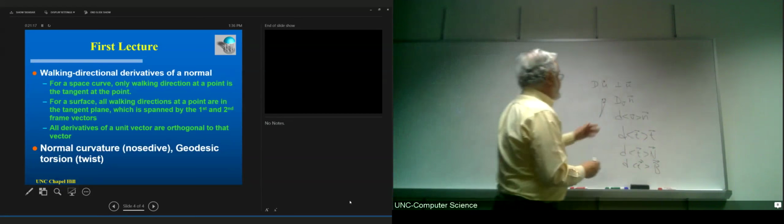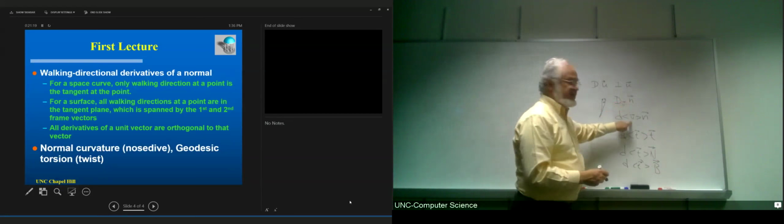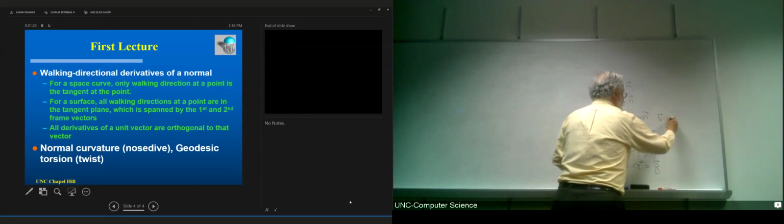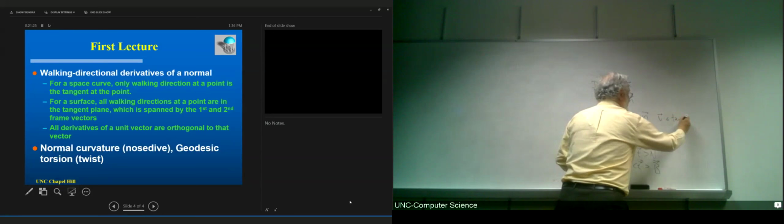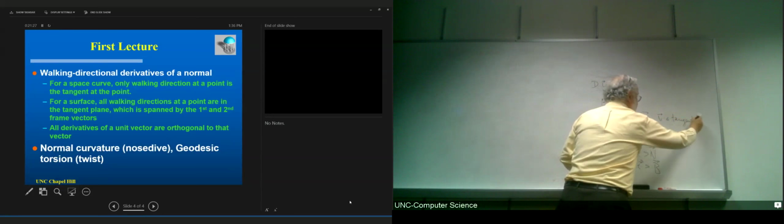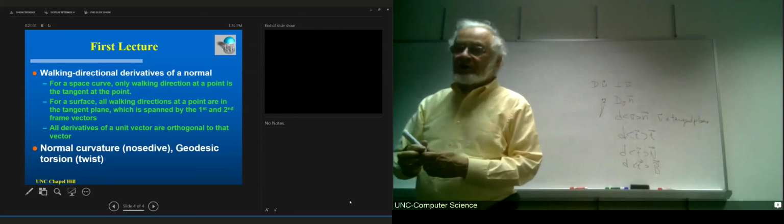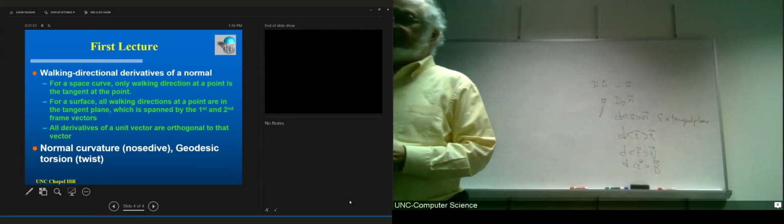For a surface, v has to be in the tangent plane. You can only walk locally in directions that are in the tangent plane.